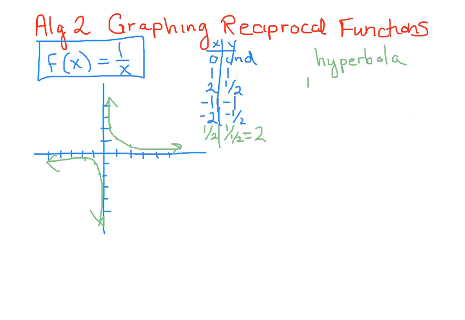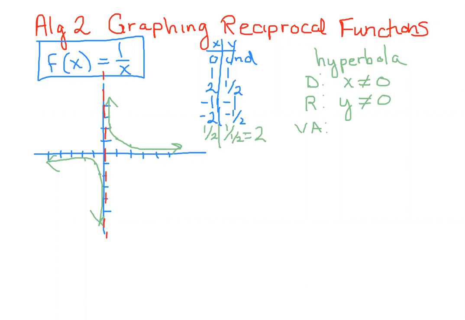The domain of a hyperbola is x not equal to 0, because as you can see on here, we can't put x equal to 0 or y equals undefined. And looking at the graph, you can see the range is y not equal to 0. And there are two asymptotes. There's a vertical asymptote, which is vertical right here.